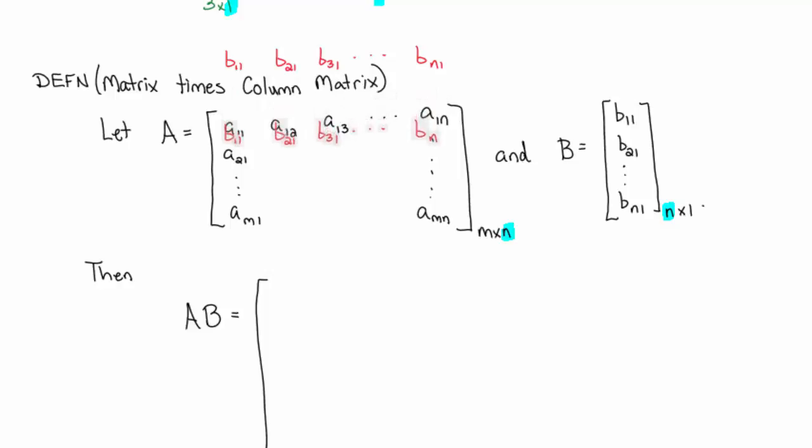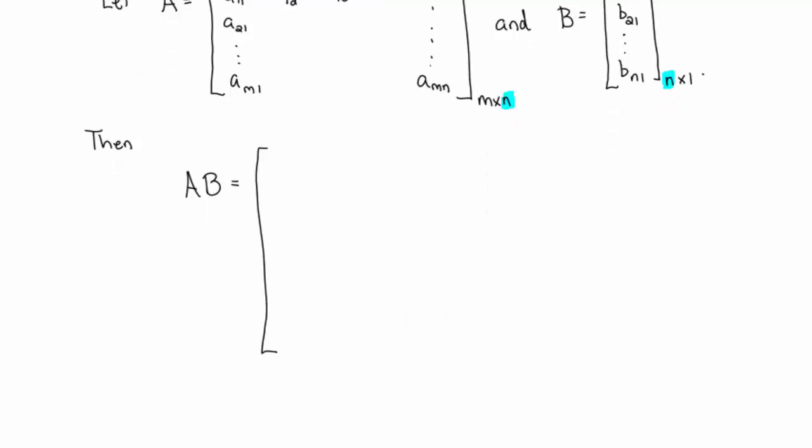Okay, and you do this all the way down the matrix. Every single row gets multiplied by that, and you add up those products. So here we go. Let's go ahead and just do it. Kind of get this all set up.